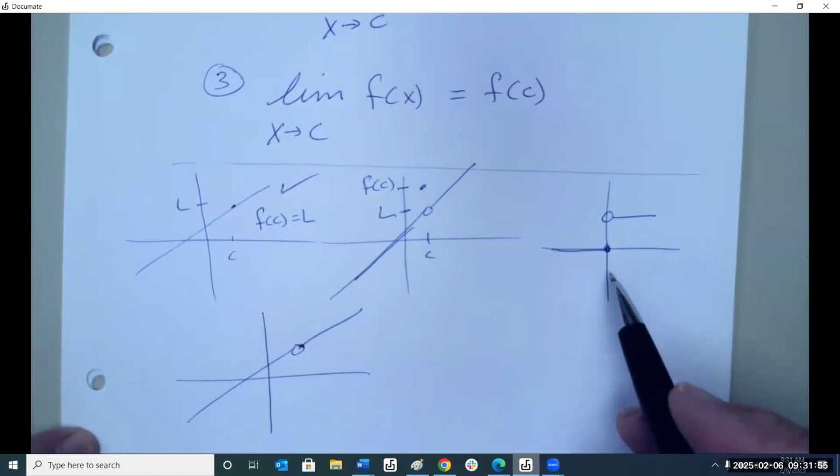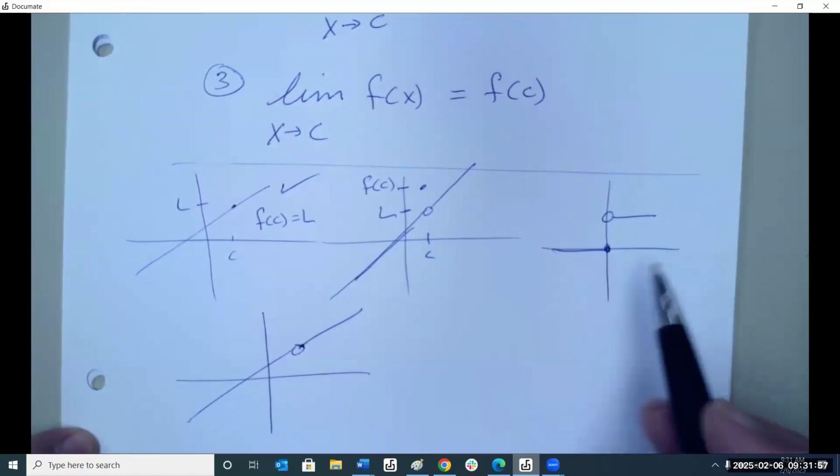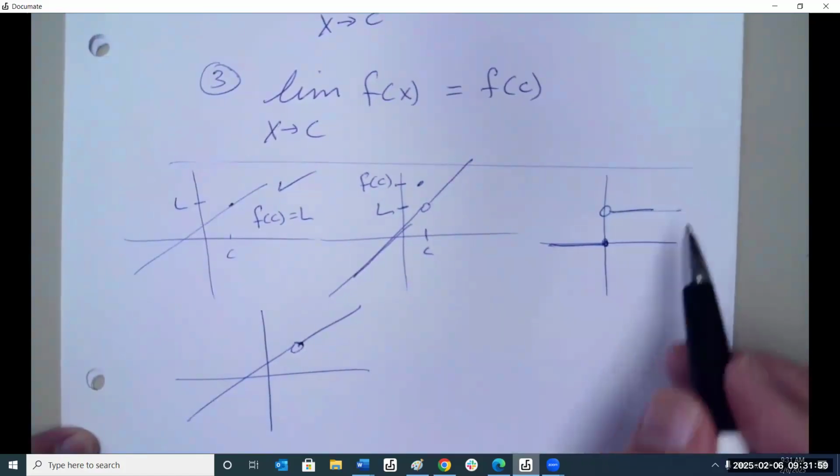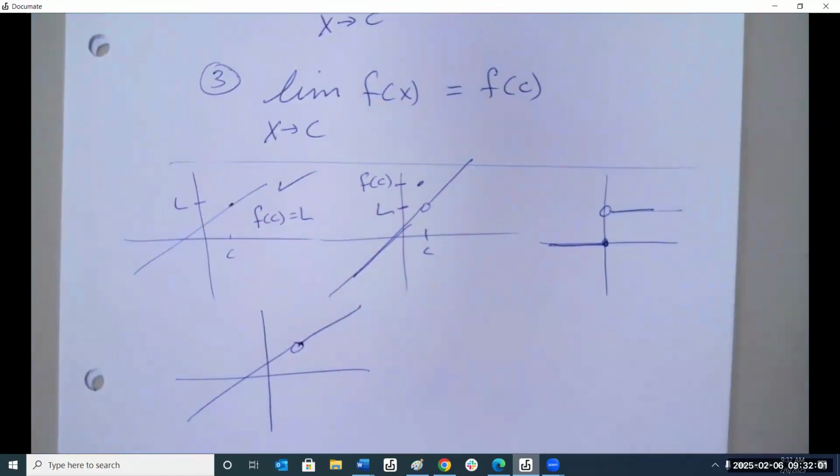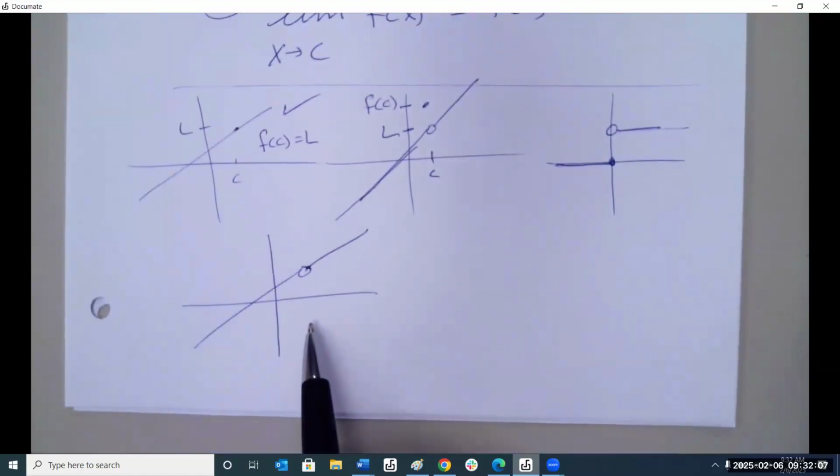Is this one continuous? No, because the left side limit and the right side limit point to different numbers. How about this one? Why?